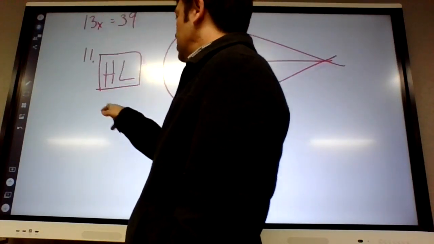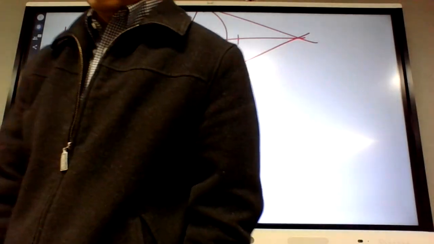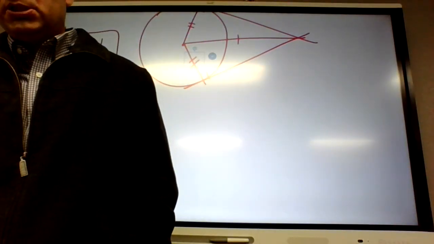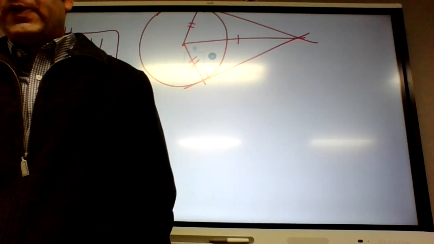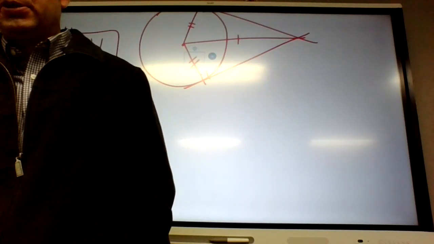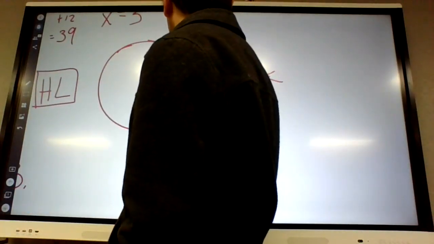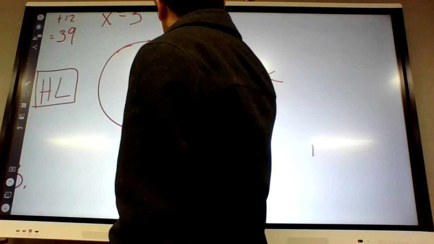Good thing that was not... 13. Find ST if QR is X. Yeah, I'm just going to go back in that picture and start putting those in.